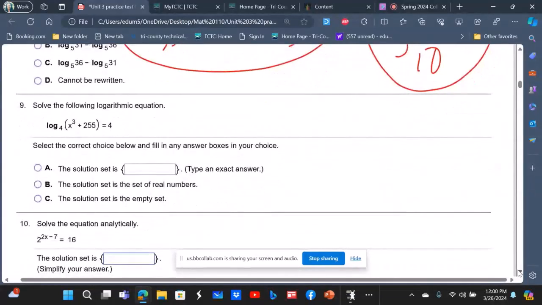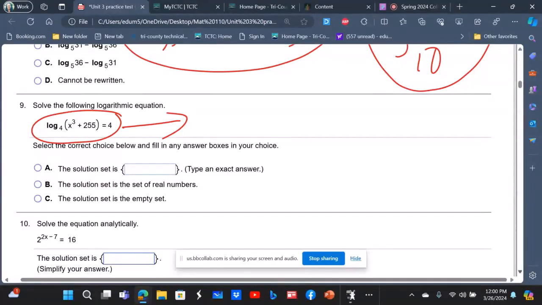I think we have done so much, but we can also solve this problem. If you're told to solve a logarithmic problem like that, you can change it to exponential form if it looks weird to you.